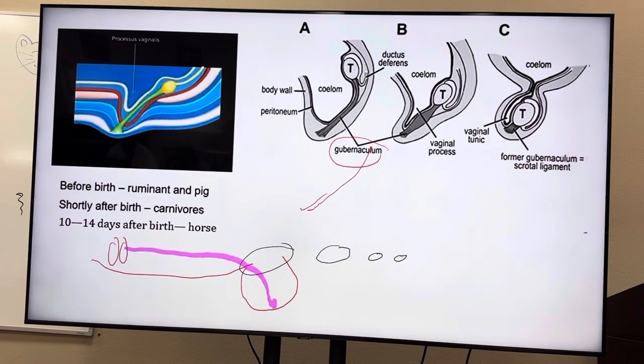Under normal conditions, the gubernaculum continues to shorten until it pulls the testicles into the scrotum, and then it forms what we call the scrotal ligament that helps to attach the testicles to the inner lining of the scrotum.